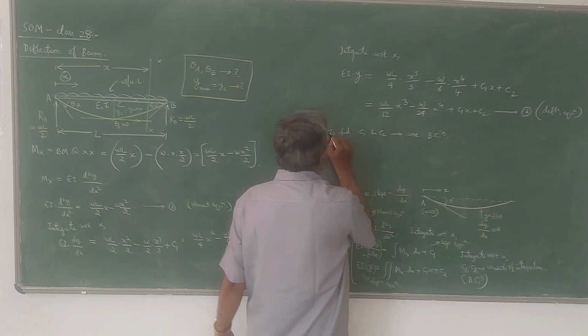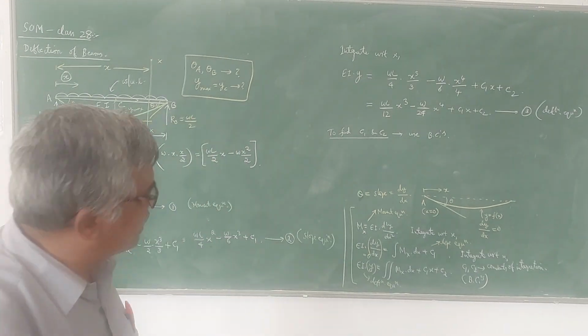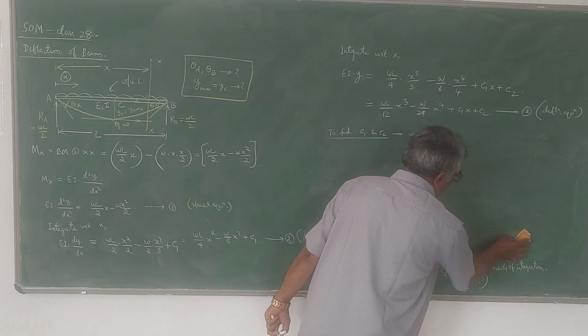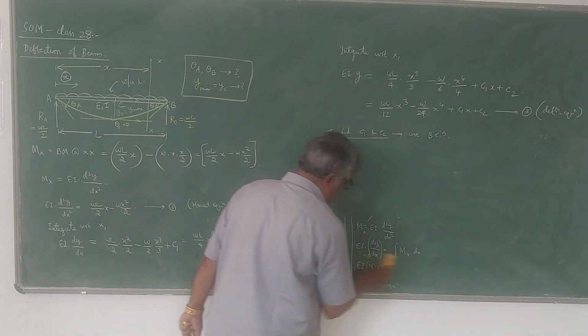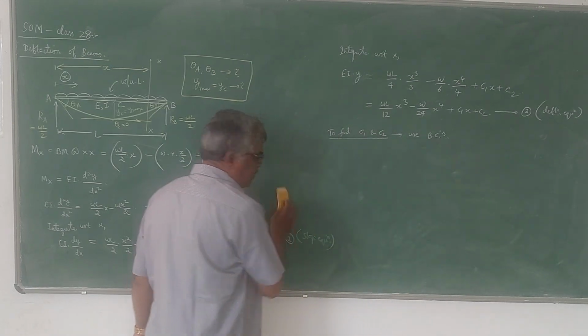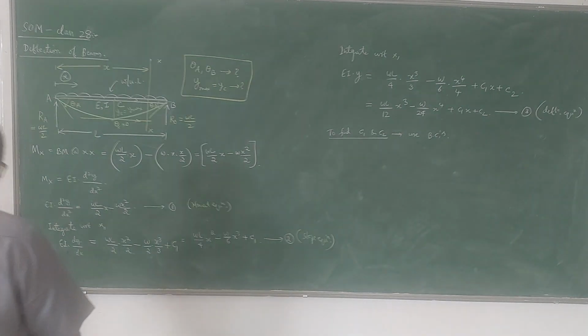Now let us see what boundary conditions we can use in this case, because I told you the selection of boundary conditions depends on the type of beam and the problem. Since it is a simply supported beam, at the support, that means at support A or support B, you know that deflection is 0.